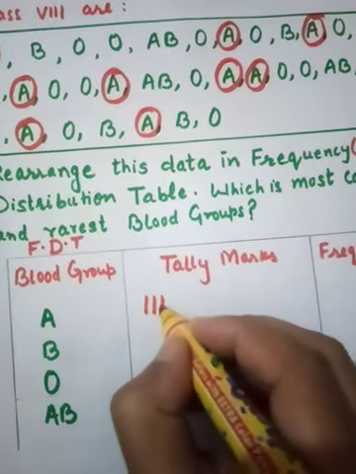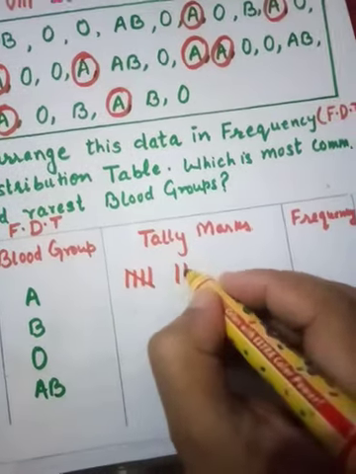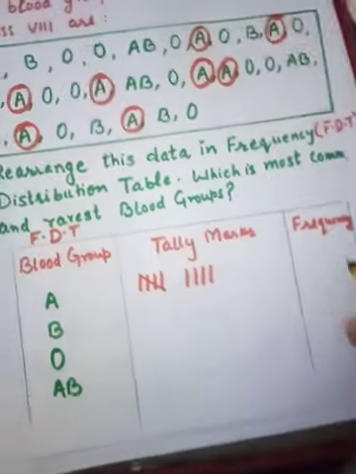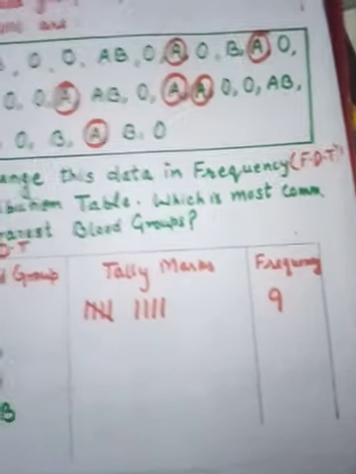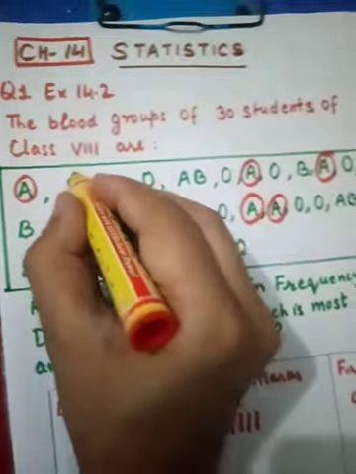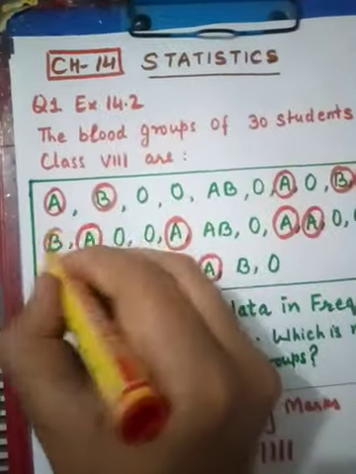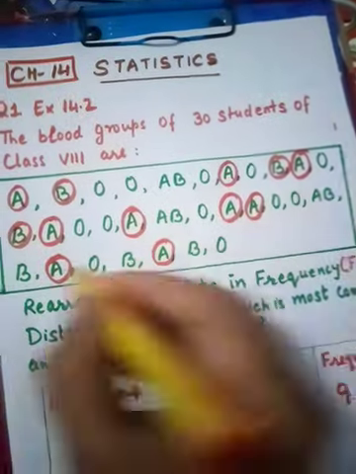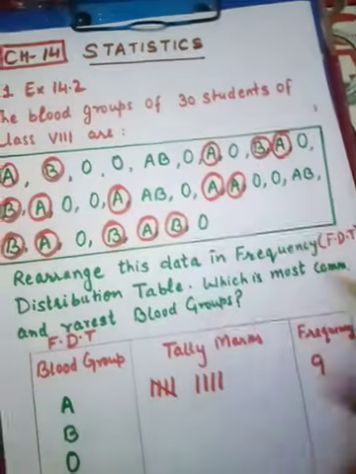1, 2, 3, 4, 5, 6, 7, 8, 9. This is what I was telling. Now the count I am going to write here, 9, in the frequency. After that the next blood group is B. So let's see for B now: 1, 2, 3, 4, 5 and 6.